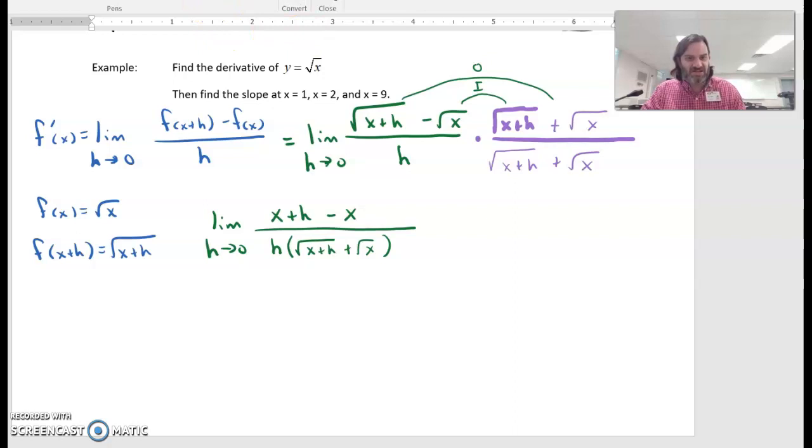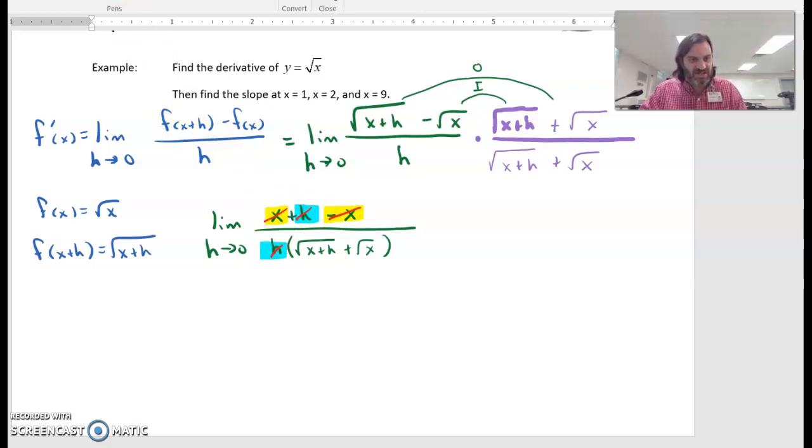Now let's go back up top and notice that I've got x plus h minus x. So those two x's will cancel, and that just leaves me a single h up top. Let's realize that there's a factor of h up top and a factor of h on the bottom, so we can also mark those out.